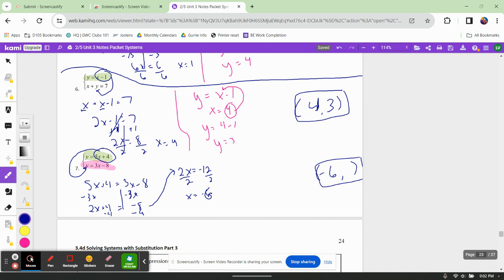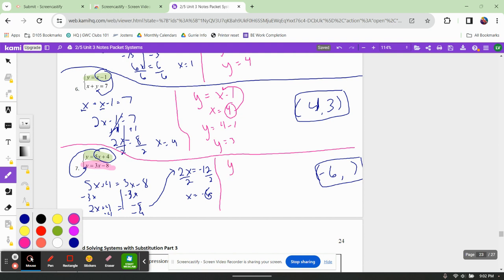There's our x. We need to solve for a y. In order to get that, we need to pick one of the two original equations. This time I'll do the second equation. y equals 3x minus 8. I'm going to replace x with negative 6. So y equals 3 times negative 6 minus 8.